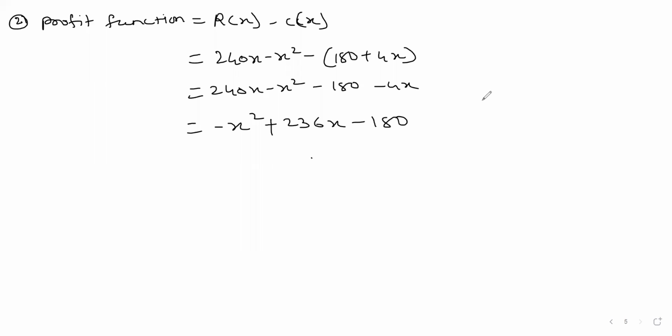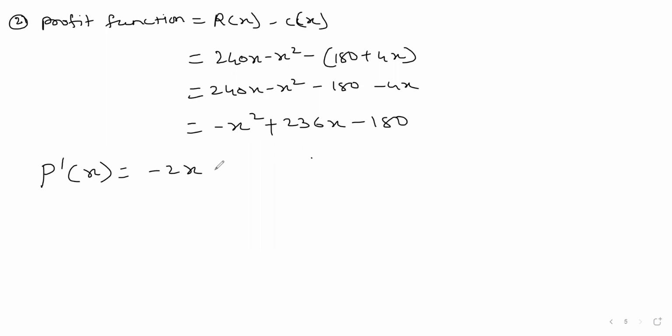Profit function is the revenue minus cost function. So revenue function minus cost function is -x² + 236x - 180. Now, if I have to find out whether it is increasing or decreasing, I'll have to find the derivative of this.